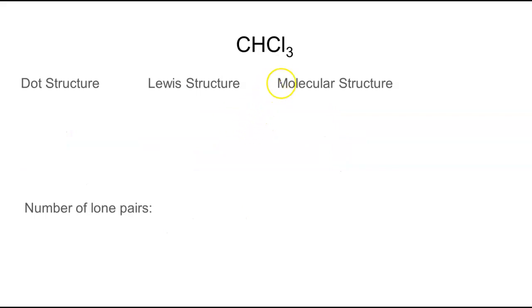All right, let's try another one. Let's try CHCl3. So let's draw our dot structures. We have 1 C, 1 H, and 3 Cls. So I like to kind of draw them out just to see what I've got going.